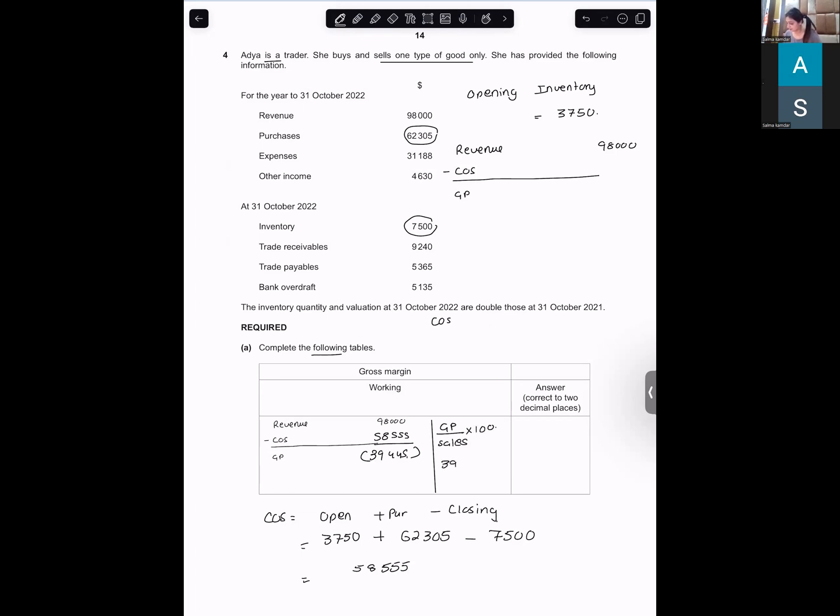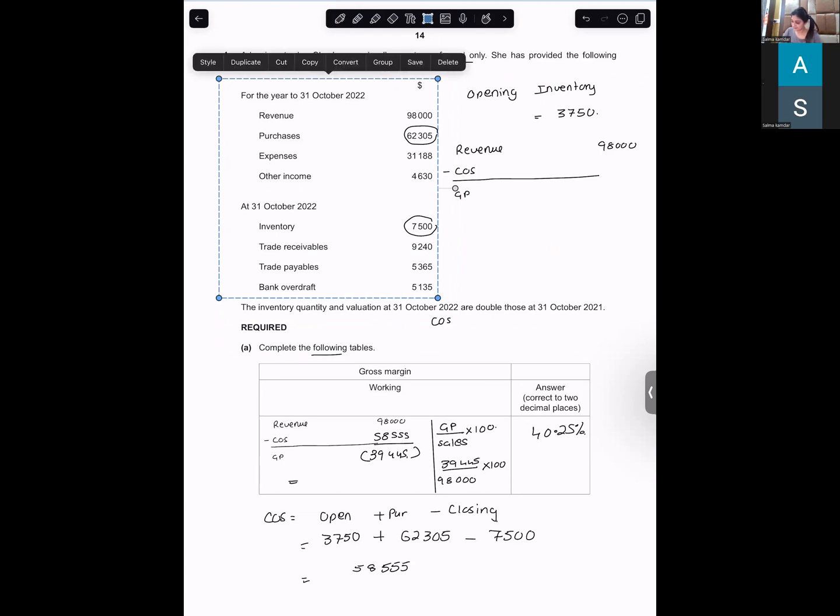Gross profit is 39,445, your sales is 98,000, into 100. So this will become 40.25%.